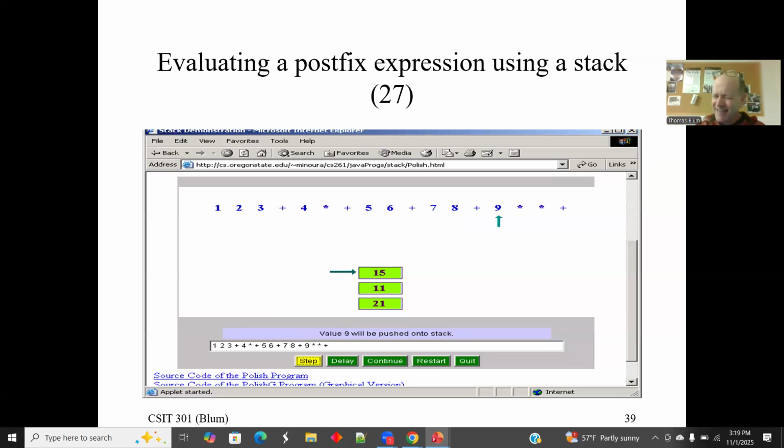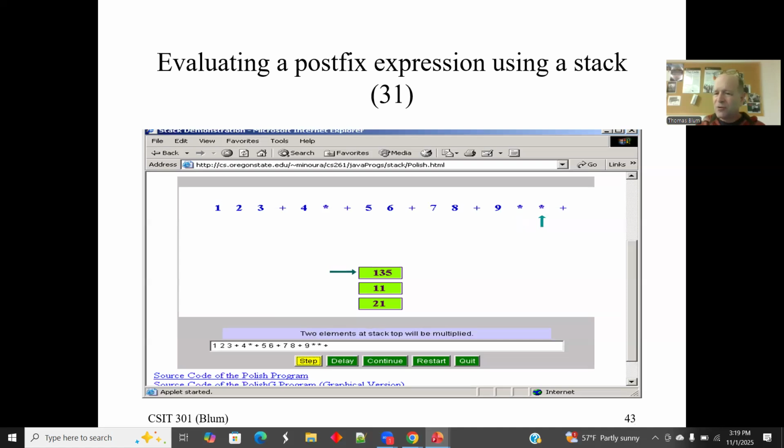9 is data. I push onto the stack. I encounter next a multiplication, an opcode, an action. I'm going to pop off the 9 and the 15, perform the multiplication and put the answer onto the stack.